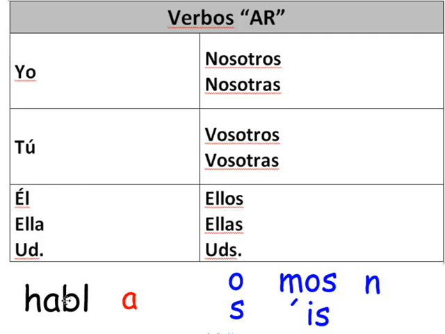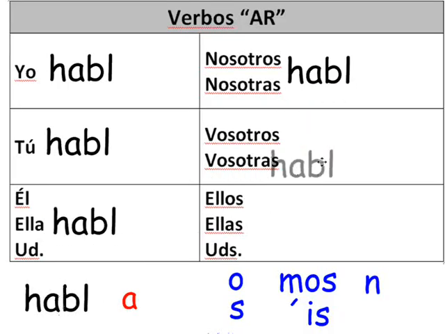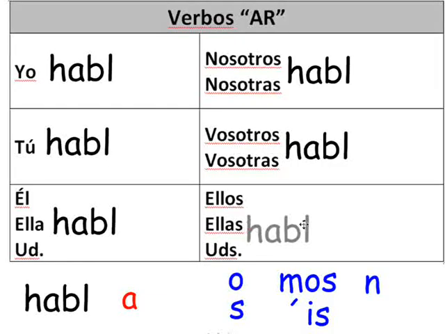So just like we showed before, you drop off the last 2 letters of the word, the last 2 letters of hablar being AR. That leaves us with just habl. And this is going to be the stem for every one of the conjugations. So habl will be used for all of them in this case.